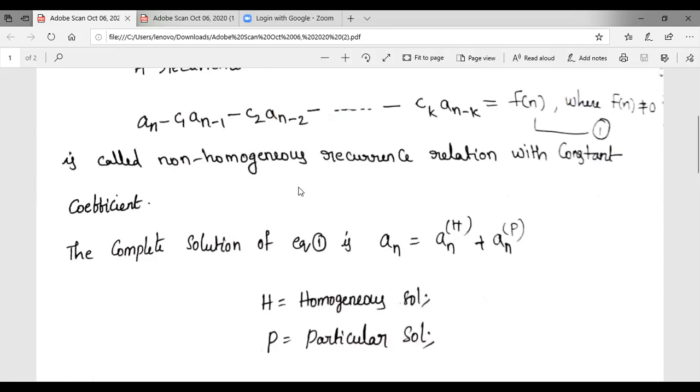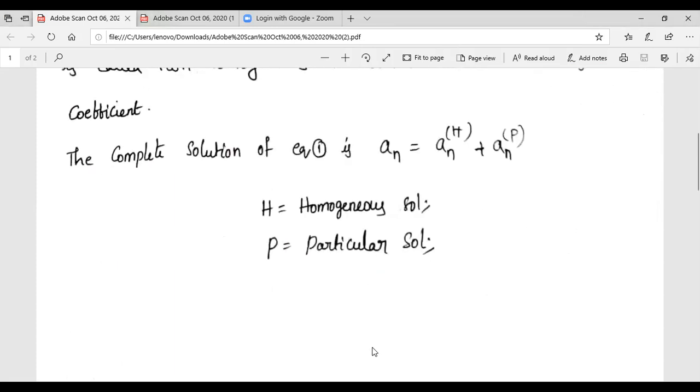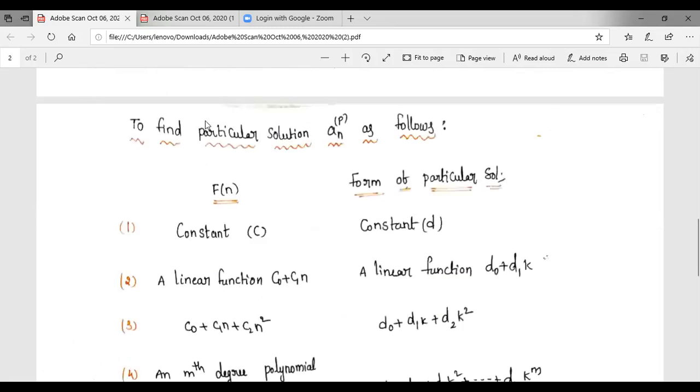In previous problems, we saw how to get a homogeneous solution. Now, how do we find the particular solution?